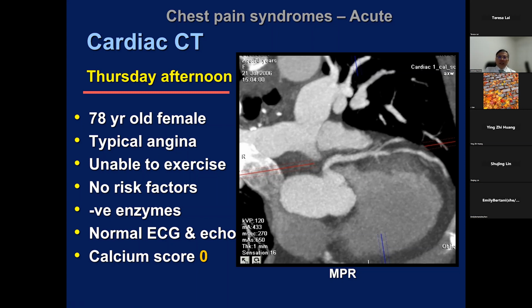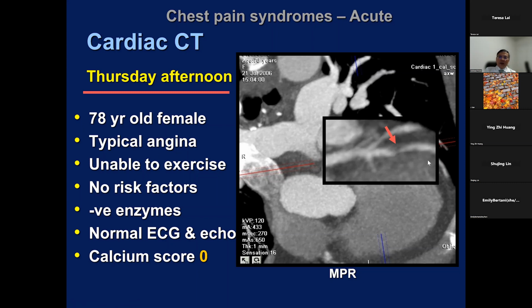But when you inject the dye, you see something very different. This 78-year-old female has an obstructive proximal LAD disease. Although the calcium score is 0, that doesn't mean that she doesn't have soft plaque that is obstructing the lumen.